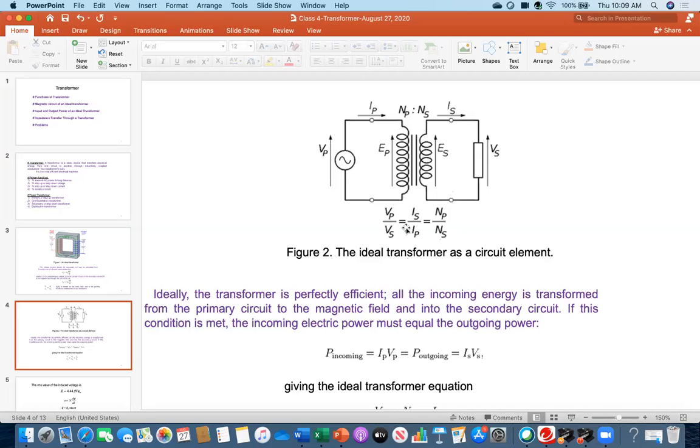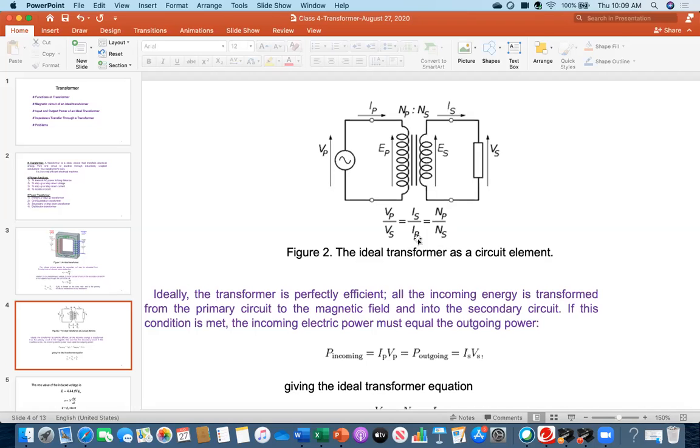Now, you see, I have written down a relationship that relates the primary and secondary side voltage, current, and the number of turns. So here you see Vp over Vs is Np over Ns. Just first look at the voltage and the turn ratio. But see the current, Is over Ip equals Np over Ns.